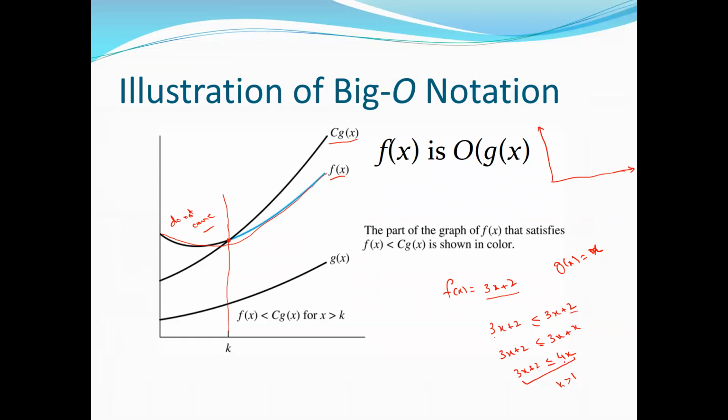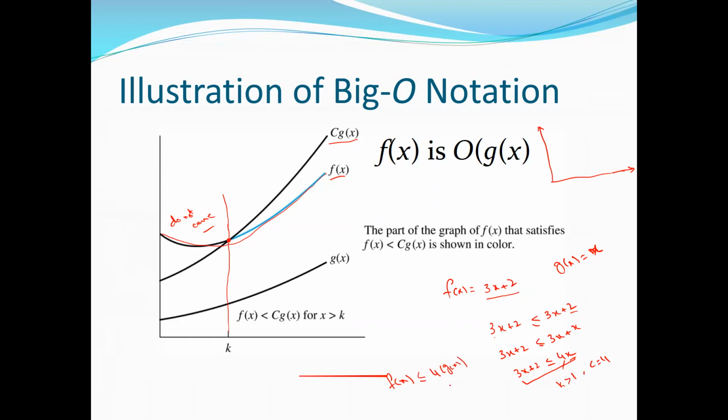And then here if you see, this is a c value, right? C value is now 4. You can simply plot this graph here, right? So if I call it g of x, g of x is x, that means 4x, 4 is c, x is already g of x. If I rewrite it, f of x, that is 3x plus 2, is less than or equal to 4 of g of x, right?